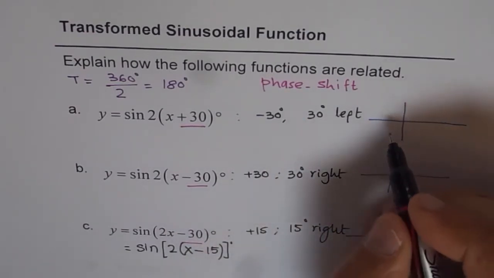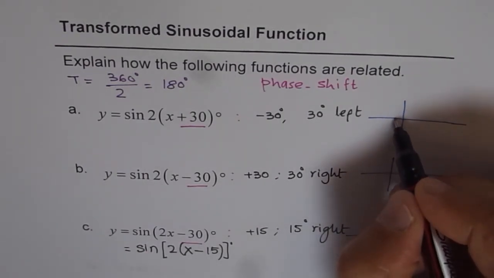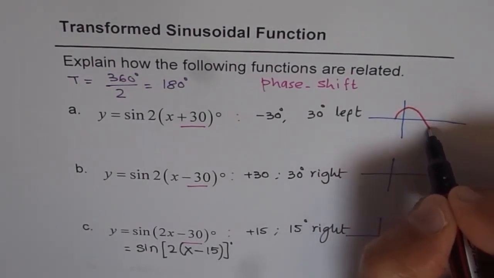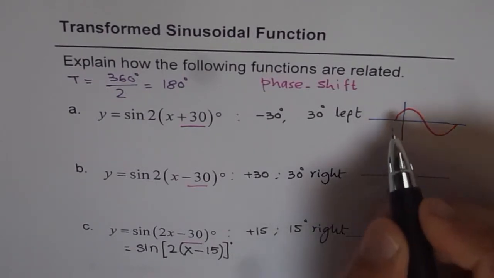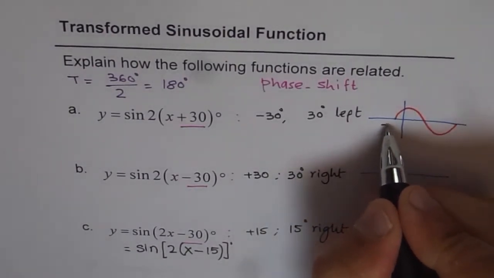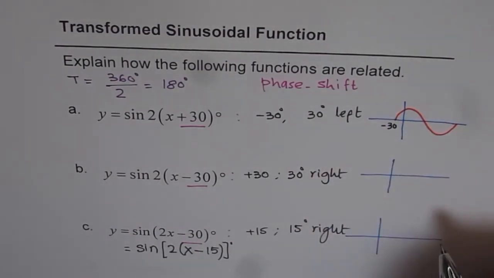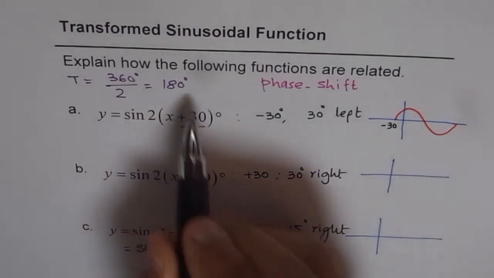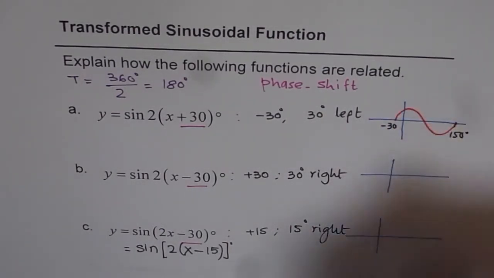I'm just doing an approximate graph here, like this. So it starts at minus 30. That is the starting point. That is how the function should be, right? The time period is 180, and therefore it ends at 150 degrees. That is one full cycle.